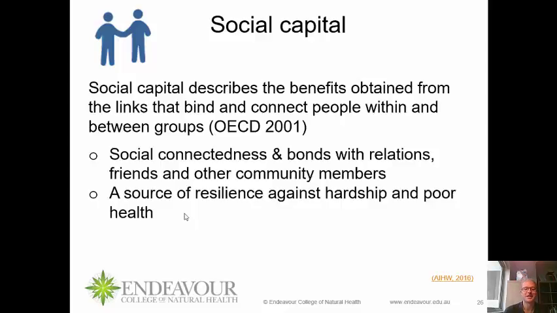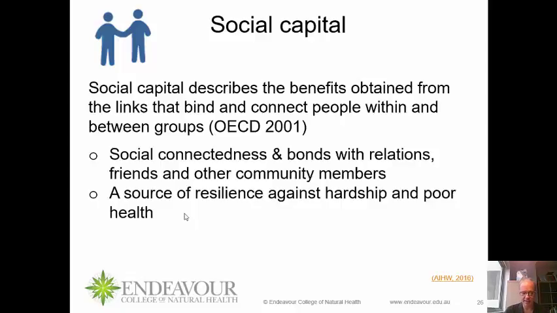So social connectedness and bonds with our relatives, with friends and other community members are things that will help us through times of poorer health, but they're also things that will make us less likely to have poor health outcomes in the first place because of that connectedness, the capital that we share in terms of our social relationships. So in some cases, it's been shown in research to be predictive of lower morbidity and increased life expectancy, but not in all contexts.